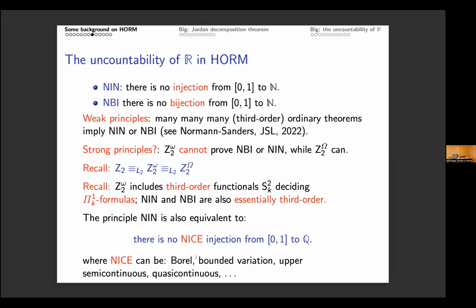Note that NIN can be restricted, and yeah, there is no nice injection from the unit interval to Q, where nice can be Borel. The usual definition of Borel, I'm not talking about Borel codes. When I'm talking about Borel codes, you will know because I will say the word Borel code. So just the definition of Borel, you can say, well, there's no Borel injection from the unit interval to Q. There's no bounded variation injection. There is no upper semi-continuous. There's no quasi-continuous, and so on.